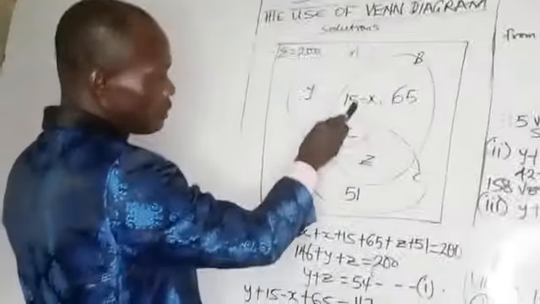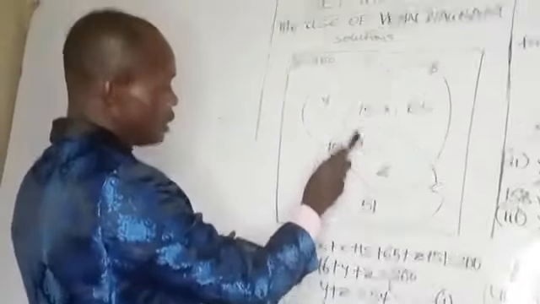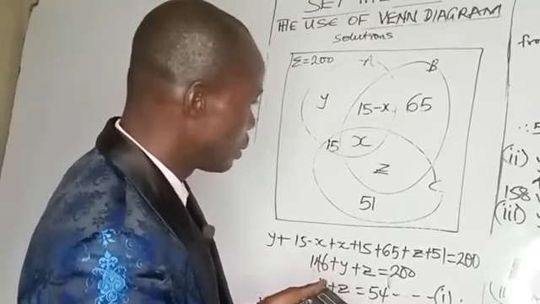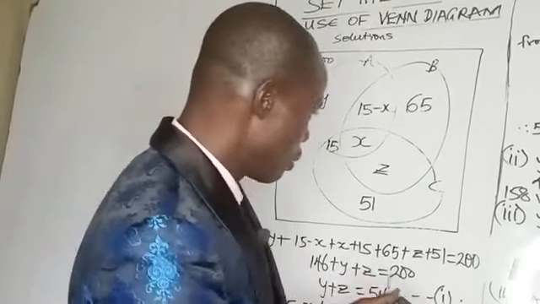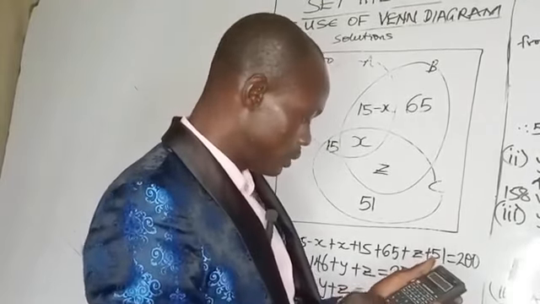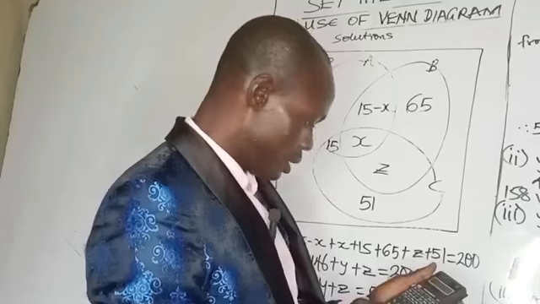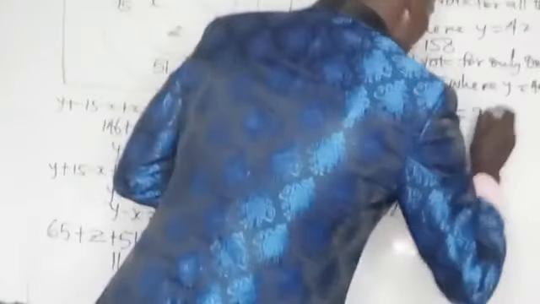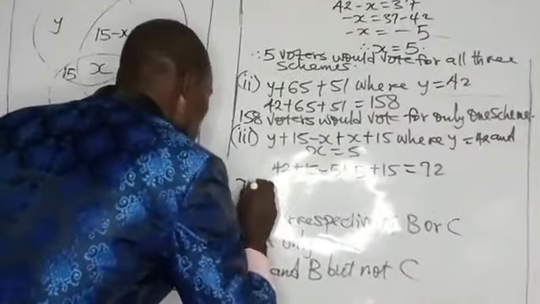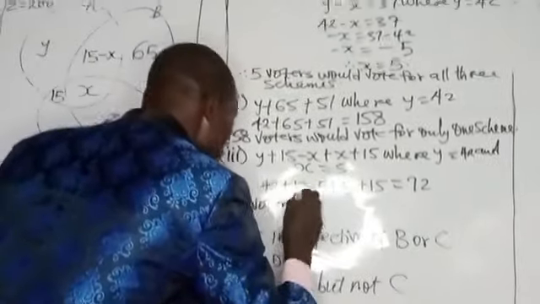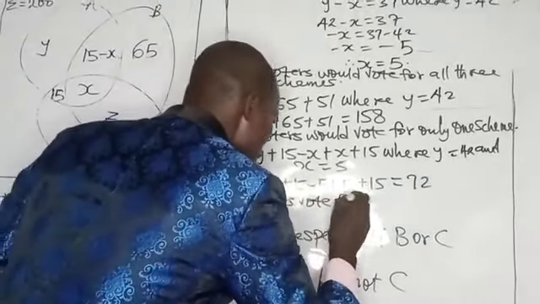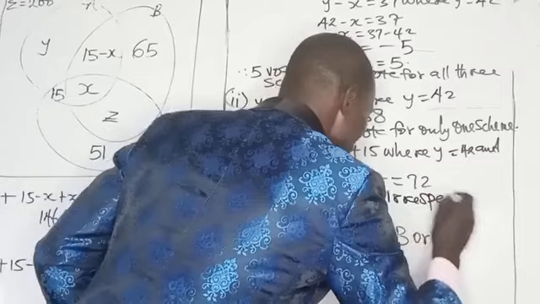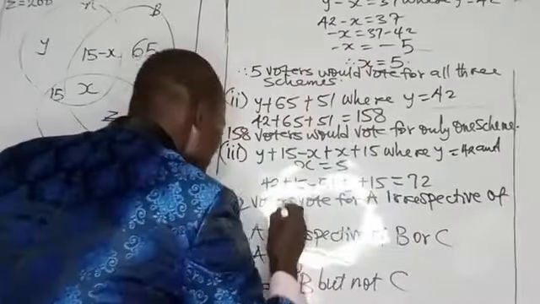This is 15 minus X. This is X. And this is 15. So we have 42 plus 15. So we have 72. That means 72 voters vote for A, irrespective of B or C.